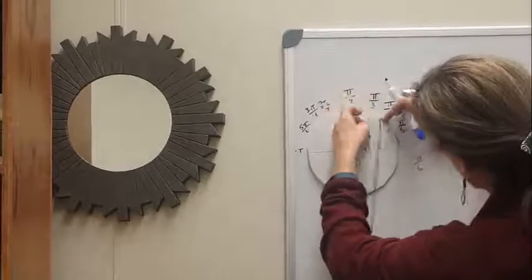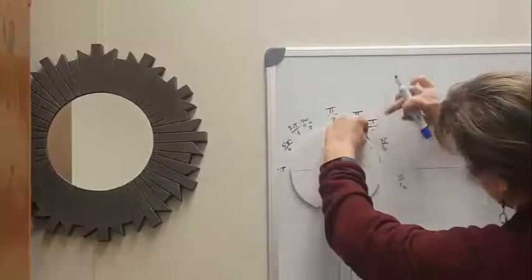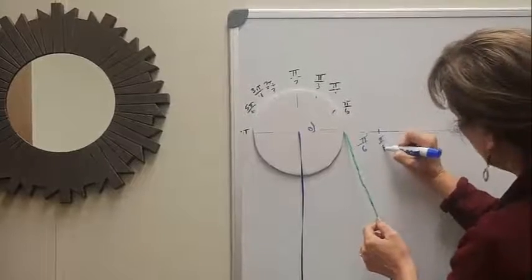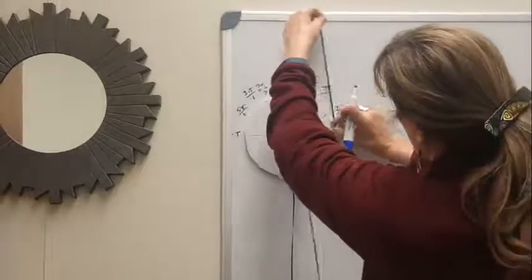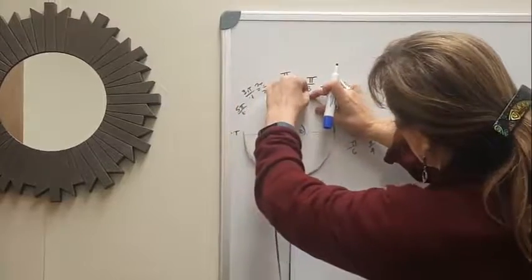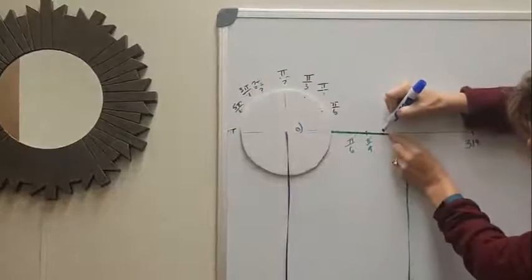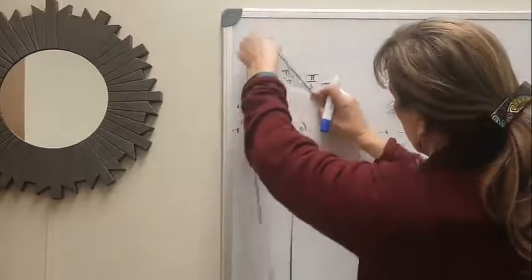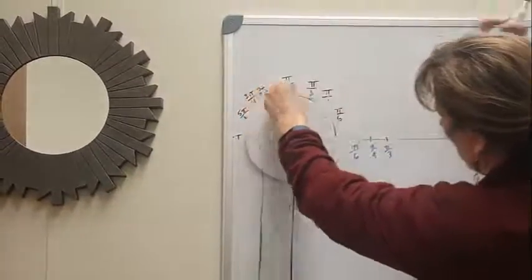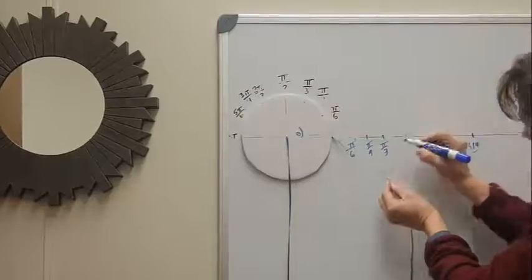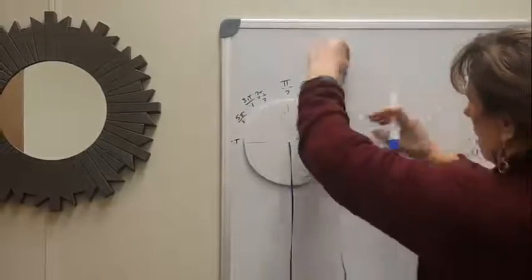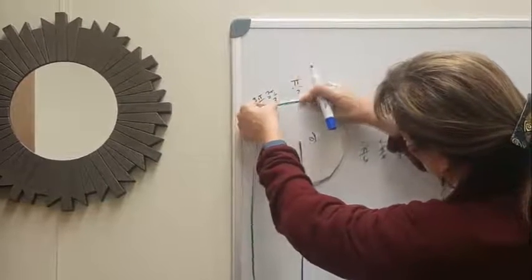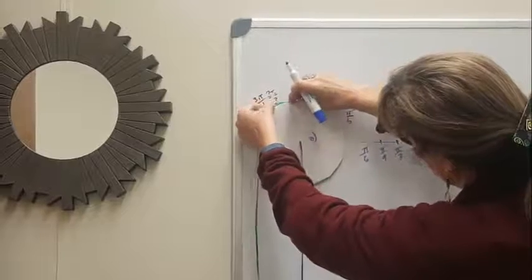When we go up a little bit higher, we see this next one here, this is pi over 4 radians. So that's right here. That's pi over 4 radians. If I continue on, this would be pi over 3 radians. Continuing on, this would be pi over 2 radians. Continuing on, let's just go to this one here.